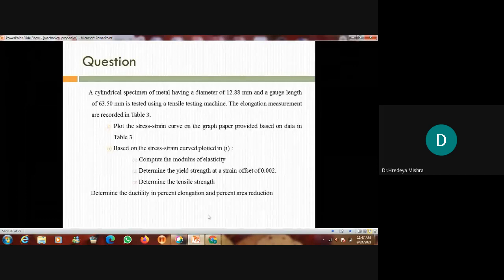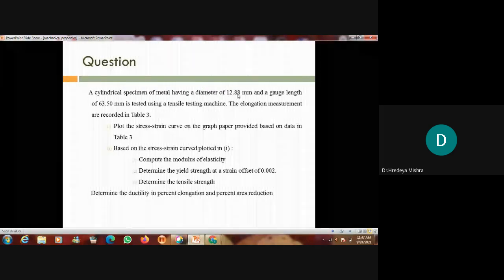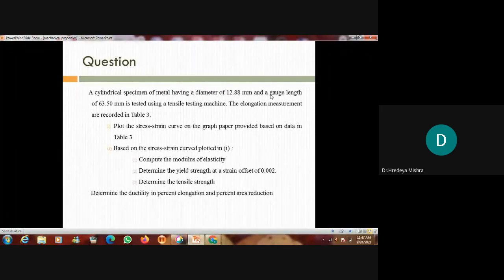Now see, for this there is a question. A cylindrical specimen of metal having a diameter of 12.88 mm and a gauge length of 63.5 mm is tested using a tensile test.